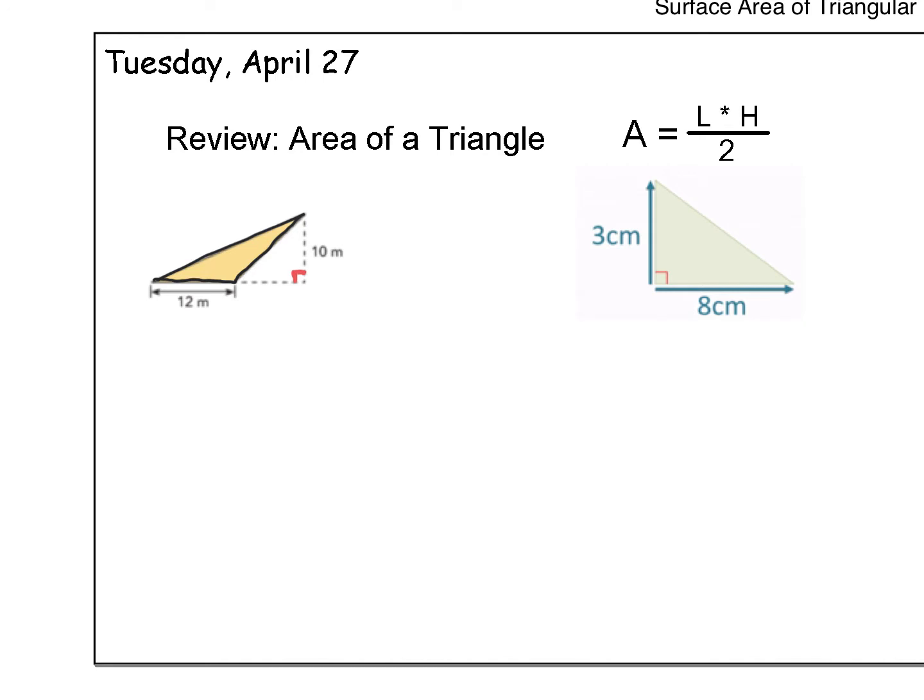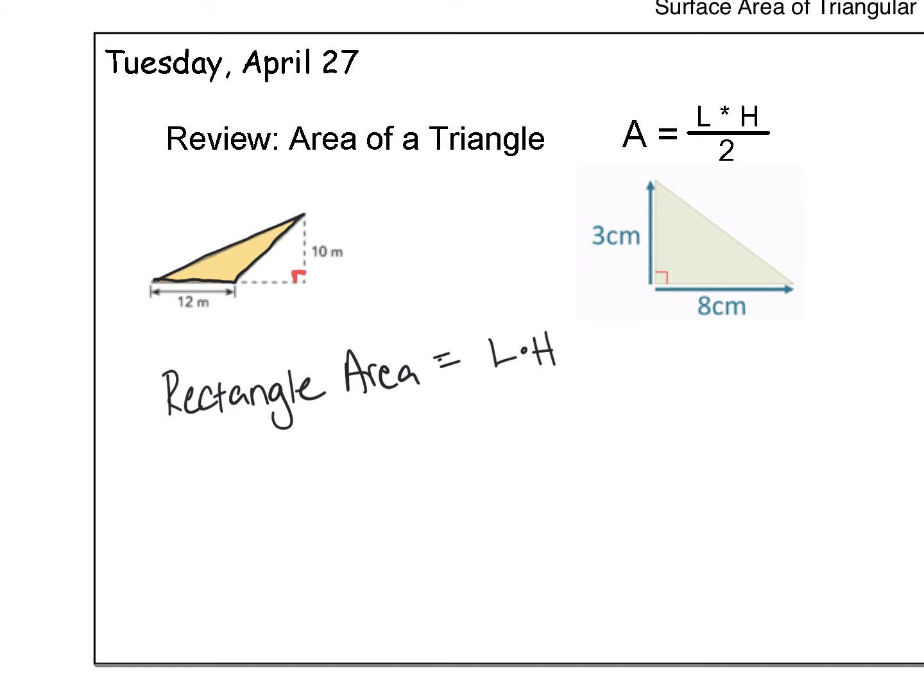Now let's review really quick, why do we divide a triangle's area in half? For a rectangle's area, and you don't have to write this down, but just kind of listen and watch for a second. A rectangle's area equals just the length times the height, or the length times the width, right? So either way, it's just the two measurements.